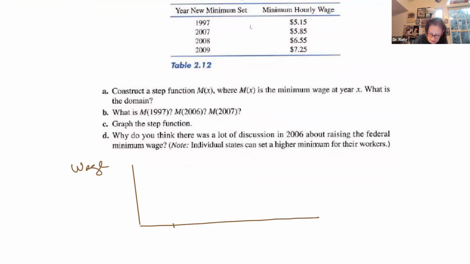And so I say, okay, this is 1997, and then let's just say that this is 2000, and then they're going to be much closer. So I'm not really spacing this very well, but you get the general idea. So in 1997, I'm going to start at 1997, and that wage was $5.15. That's going to hold all the way to here.